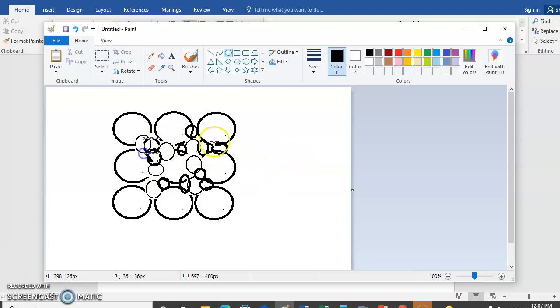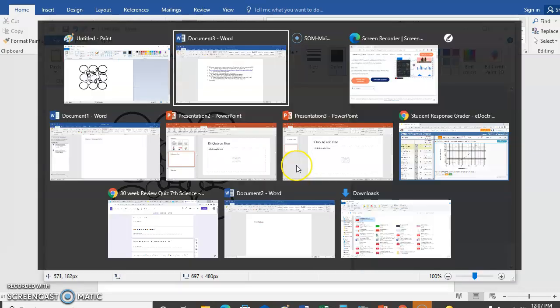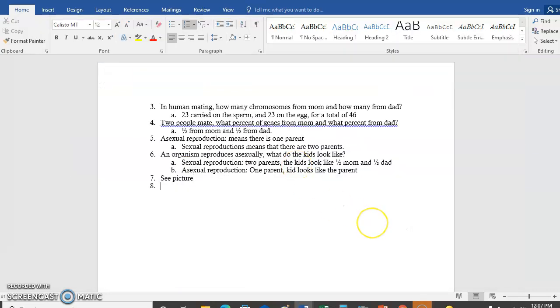So, question 8, abnormal cell division means that cells aren't being created in an organized manner.